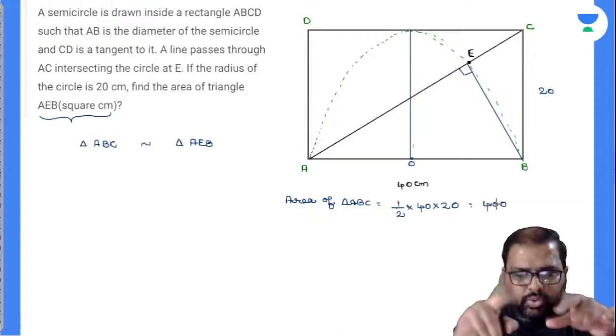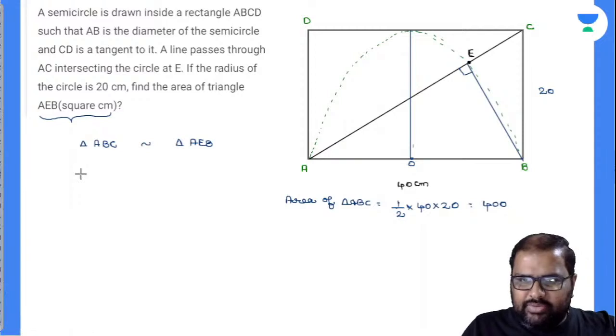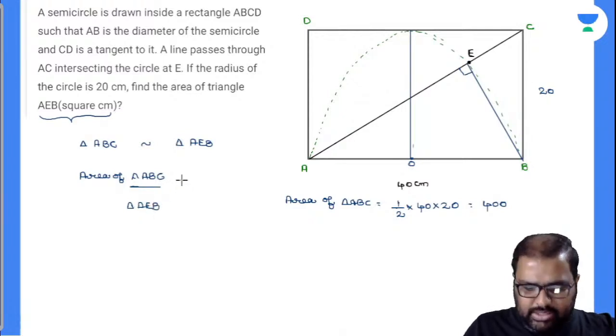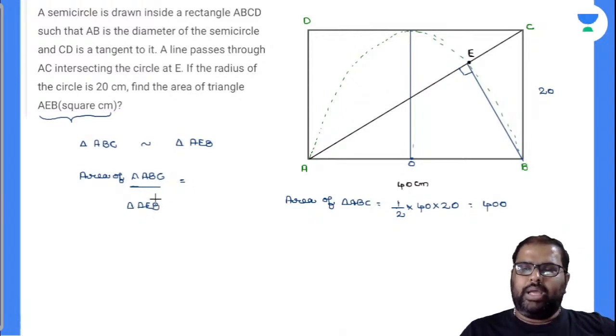And we know when two triangles are similar, the areas of the triangles will be in the ratio of the squares of their sides. Am I right or wrong? Area of triangle ABC by area of triangle AEB will be in the proportion of the squares of their sides. Now which square?